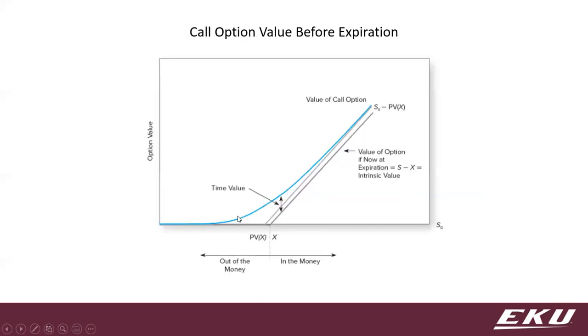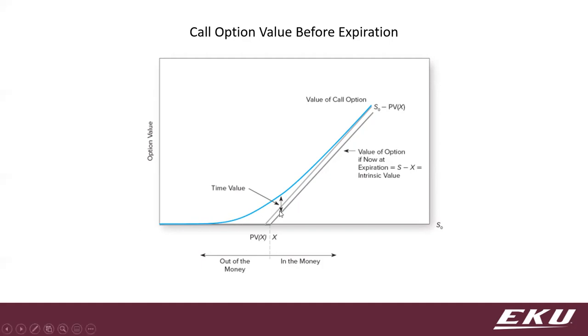Okay. And so this right here is what the call option looks like as we get closer and closer. You can kind of think of this thing as getting stretched closer and closer, and at exercise it develops that little bend, the kink. From a physics or calculus standpoint, it becomes a discontinuity at the point of exercise, at that moment.